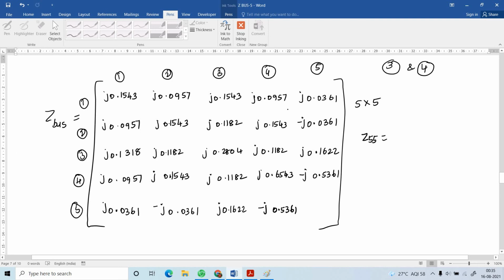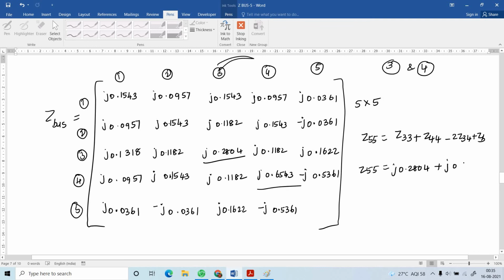So for Z55, 3 and 4 old buses are connected together. How to find out: Z33 plus Z44 minus 2 Z34 plus ZB. So this is the way to find out this matrix. So Z55 equals, what is Z33? Z33 is J0.2804. What is Z44?